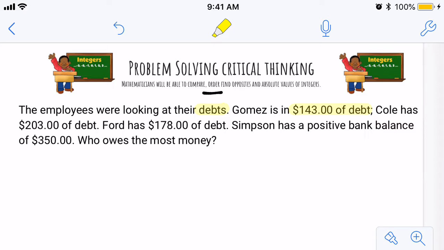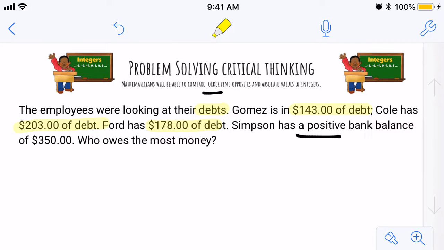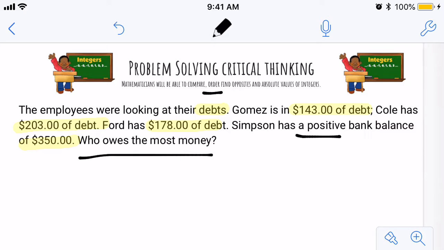Cole has $203 worth of debt. And Ford has $178 worth of debt. Simpson has a positive bank balance. So this is important because we've just talked about debt and now we're talking about positives. So Simpson has a positive bank balance of $350 and we want to find out who owes the most money.